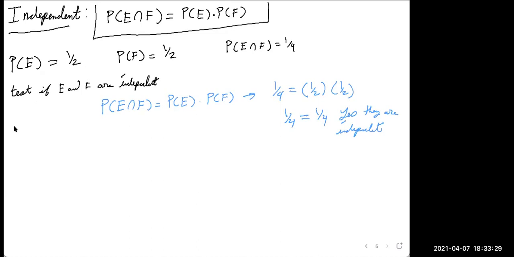So let's say we have the probability of G equals 1/8, and the probability of E intersect G equals 1/7.